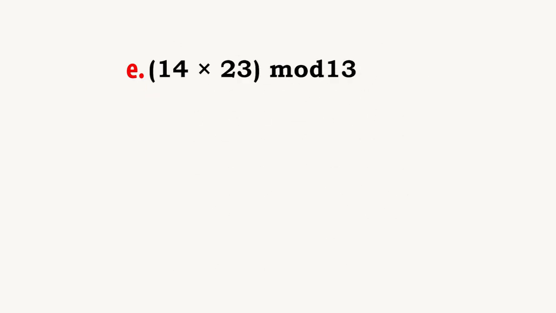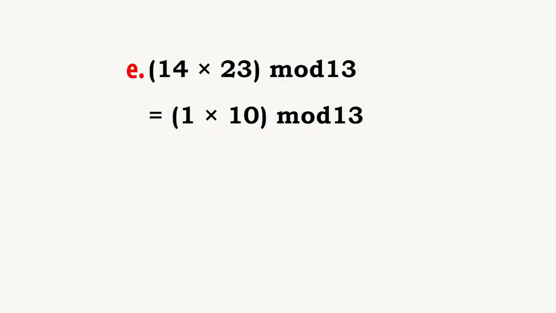Now E. The question is 14 times 23 mod 13. We will change each number separately. Changing the first number 14 gives us a remainder of 1. Changing the second number 23 gives us a remainder of 10. 1 times 10 is 10 mod 13.